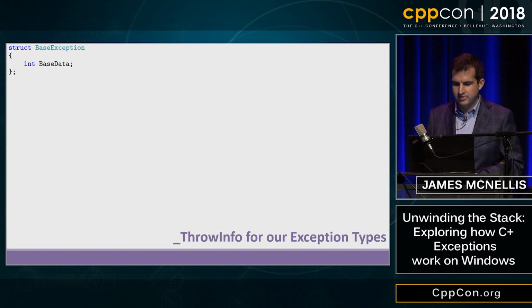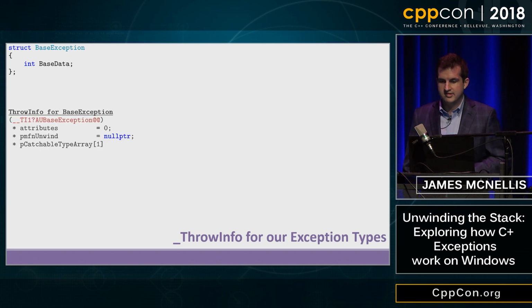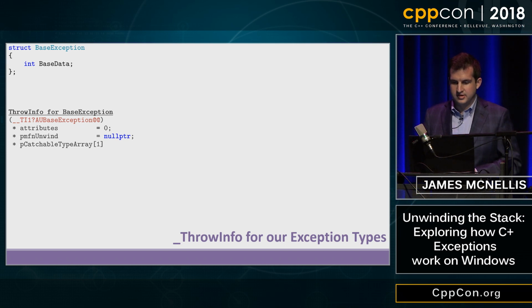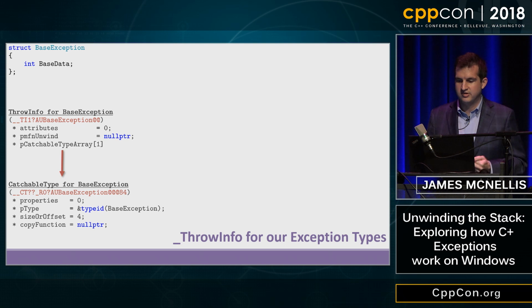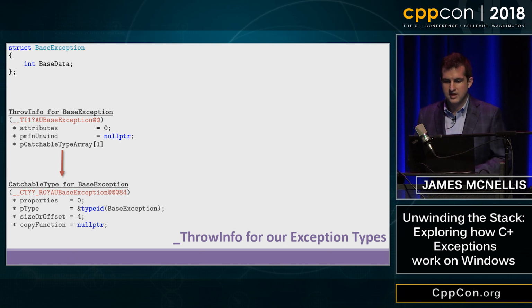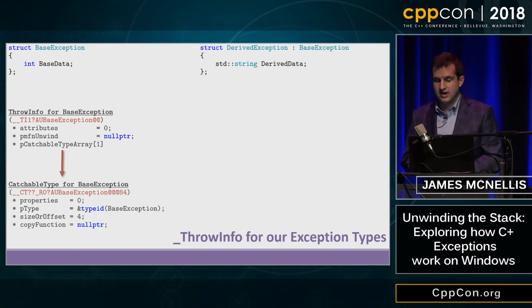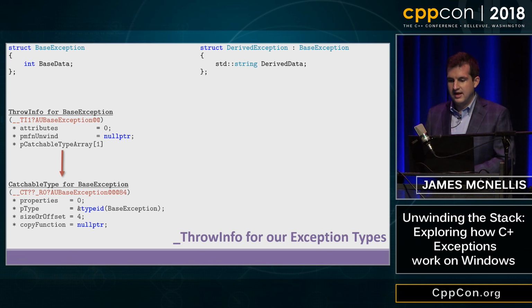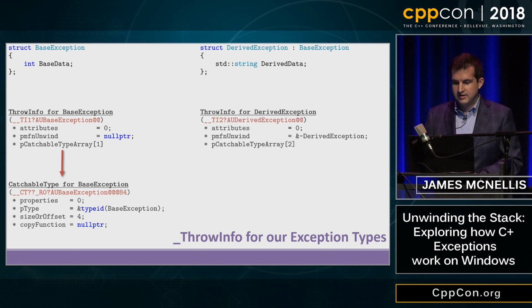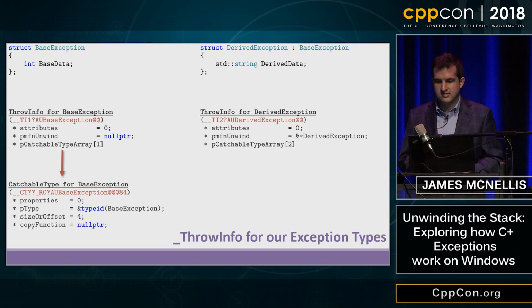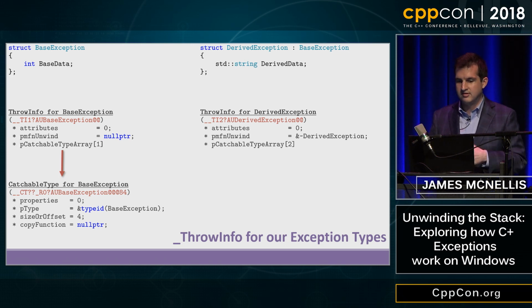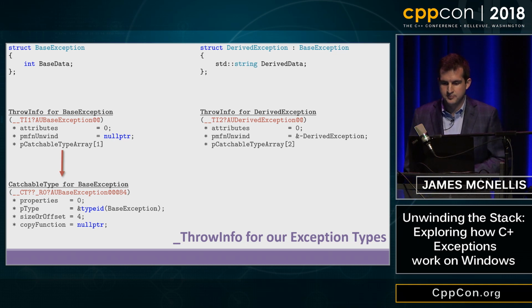So let's consider an example. Here we have a base exception type that stores some data. Its throw info has a null destructor pointer because this type is trivially destructible. Its catchable type array contains a single element which describes the base exception type. We can also define a derived exception type which derives from base exception and carries a std string as its payload. This also has its own throw info. In this case, the unwind member function points to the derived exception destructor because its destructor needs to destroy the std string.